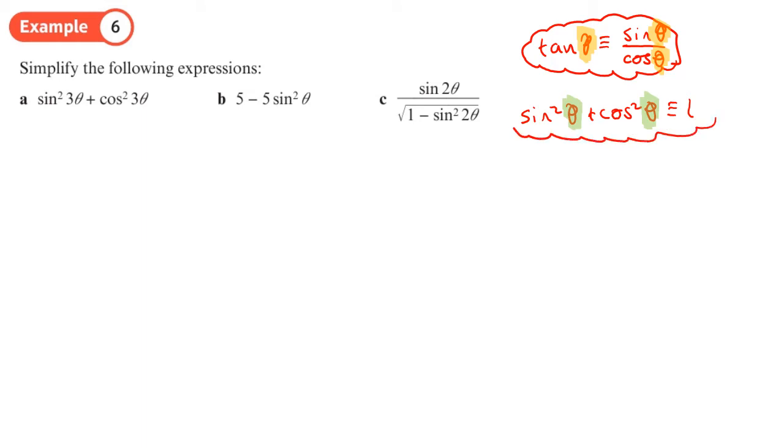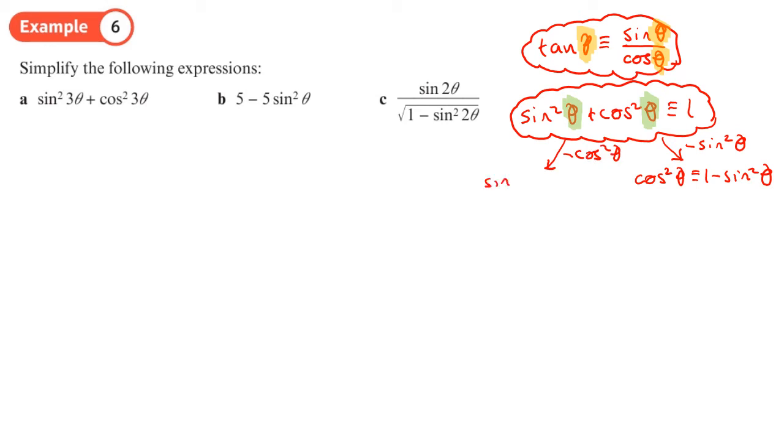Okay, and I suppose what we could do with this is take away sine squared theta from both sides, and you'll end up with cos squared theta is equivalent to 1 minus sine squared theta. Or if we were to take away cos squared theta from both sides, we'd end up with sine squared theta is equivalent to 1 minus cos squared theta.